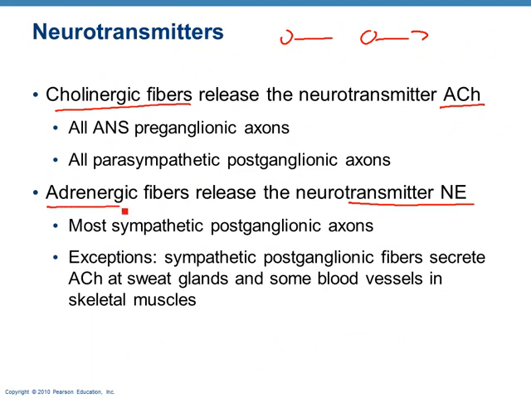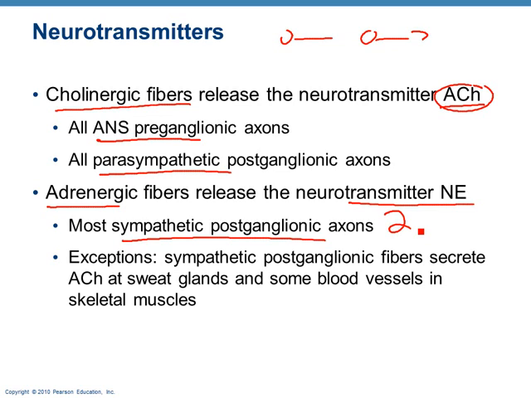Why? Adrenaline. Okay? So cholinergics release acetylcholine. That's all those first sets of axons and all your parasympathetic axons. Your adrenergic or norepinephrine-releasing neurons are all your sympathetic second axons.